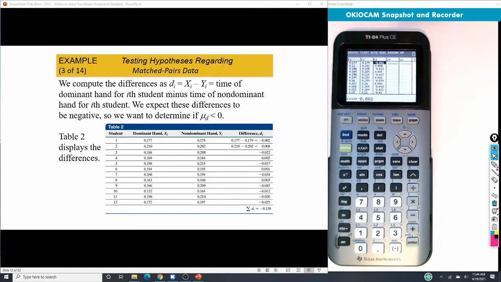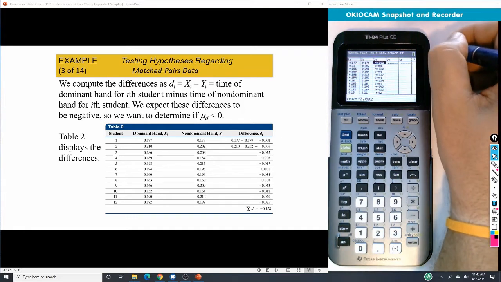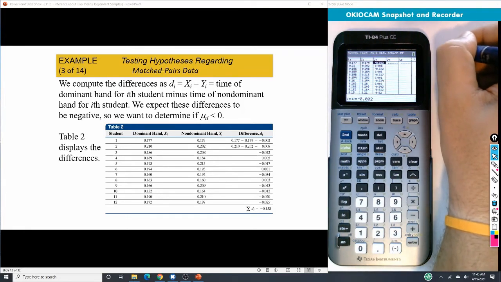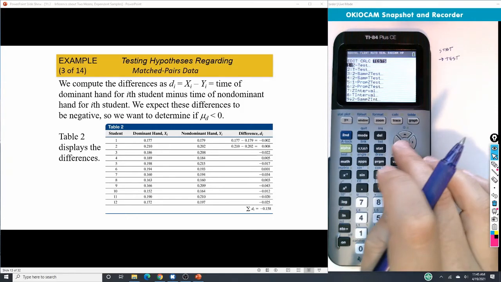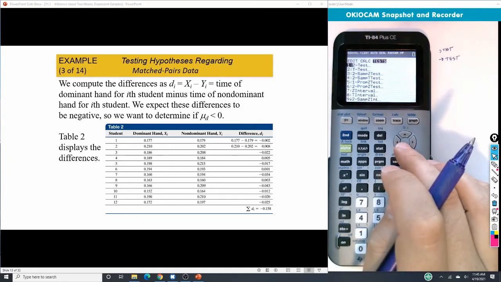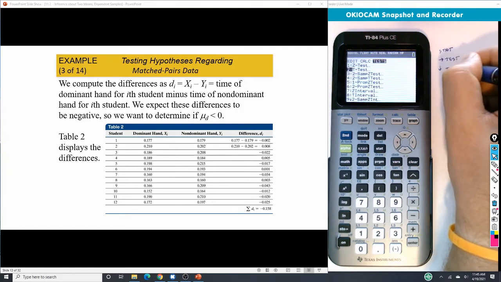Now it's going to look for some things. So let's just go ahead and do the calculator part here. So we've already filled in the data. Now for our tests, we want to do stat, over to test, and then do a t-test. So go down to t-test.